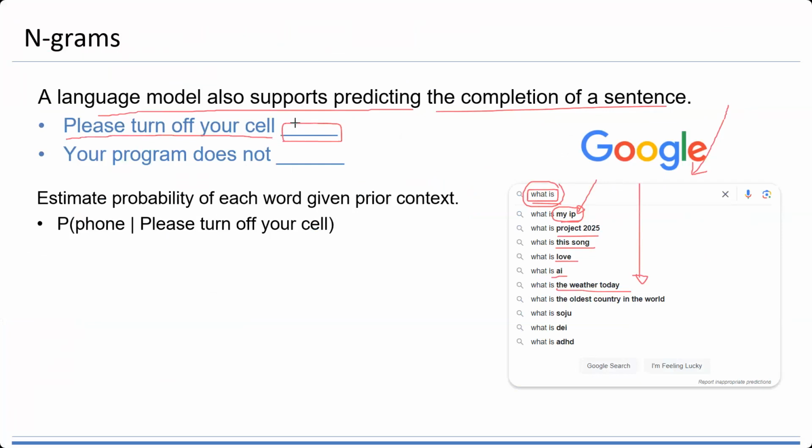Can you predict? We know that this word most probably is phone, because cell will follow with the word phone. But what about this? Your program does not.